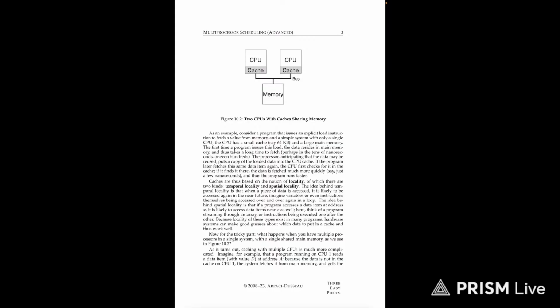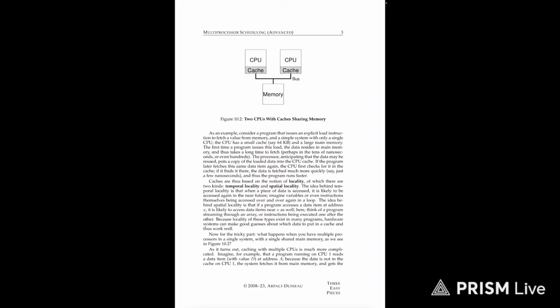Think of a program streaming through an array or instructions being executed one after another. Because locality of these types exists in many programs, the hardware system can make good guesses about which data to put in the cache.